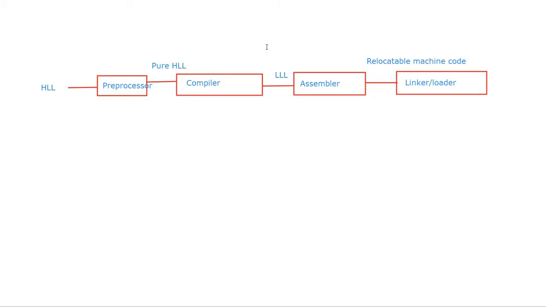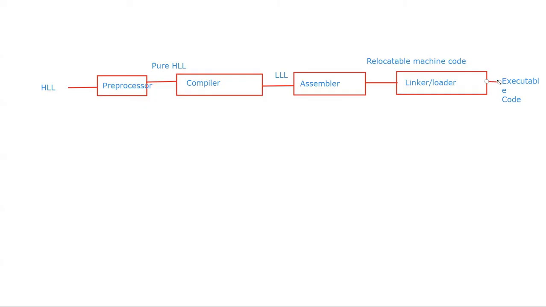And finally, the target code, that is the executable code, will be generated by the linker and loader at the end, after linking all the libraries, functions, etc. in the source code.